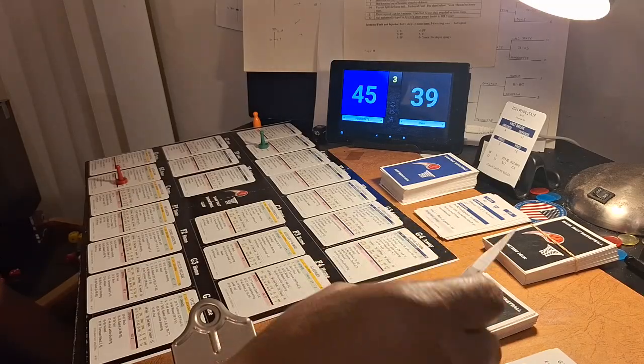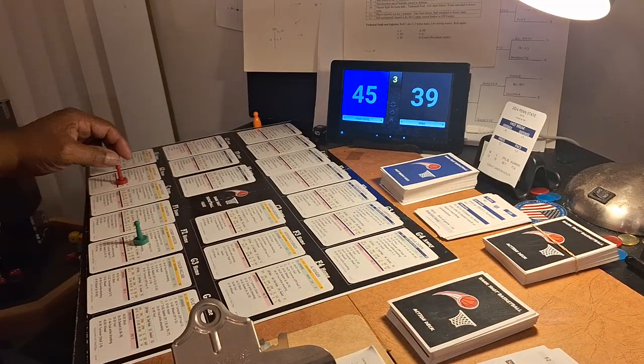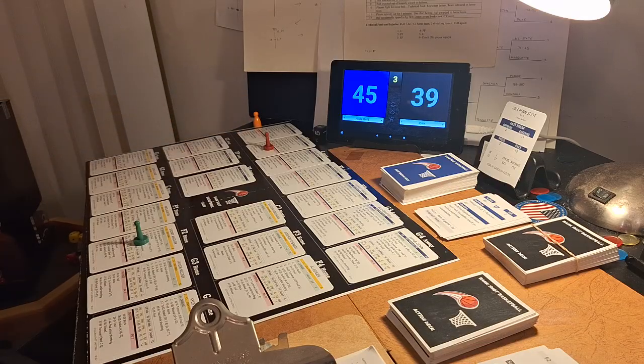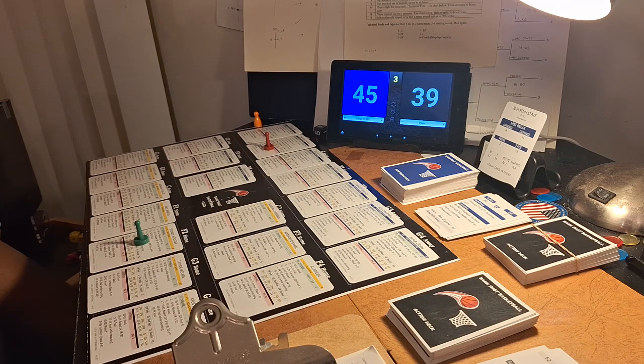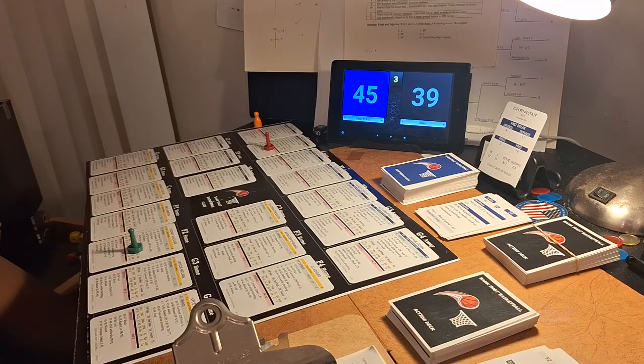Iowa ball. F2 for Iowa, guarded by the G2, defensive G2. 75 off the offense. And that's going to be an assist by the F2.